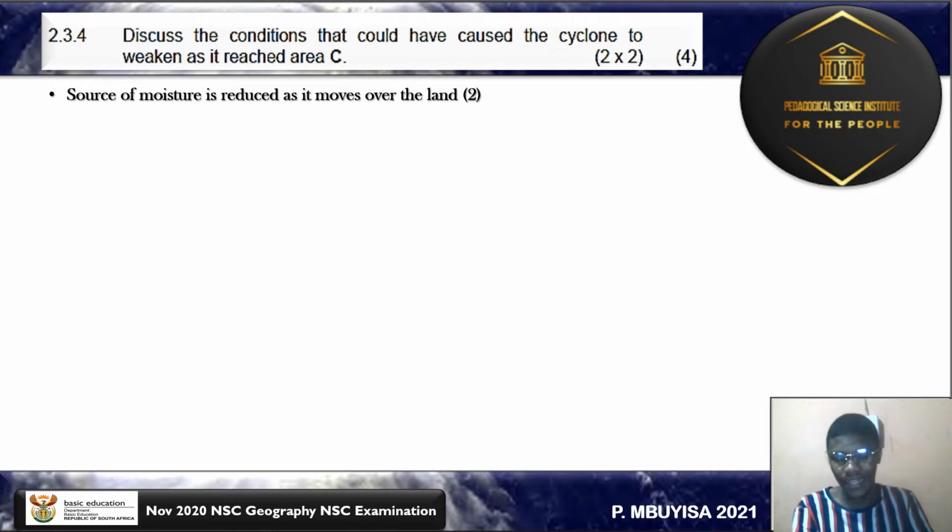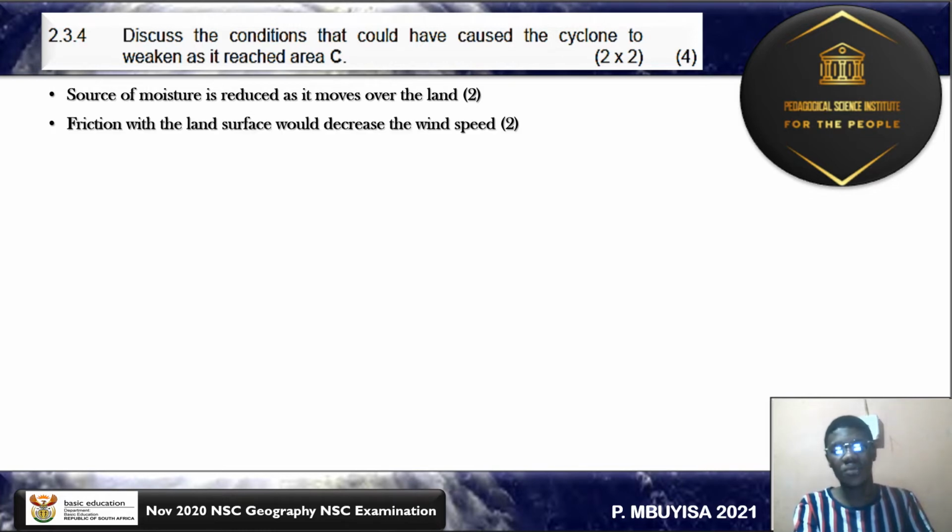And on land we have friction. We said that a tropical cyclone needs to form on a smooth, frictionless surface, and the ocean is ideal for that. But area C is terrestrial ground, so we have friction over there.